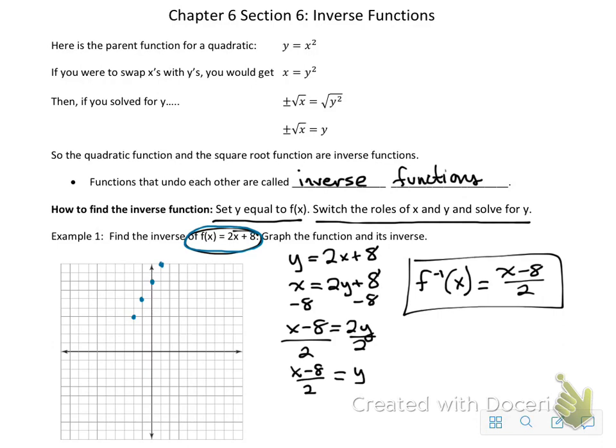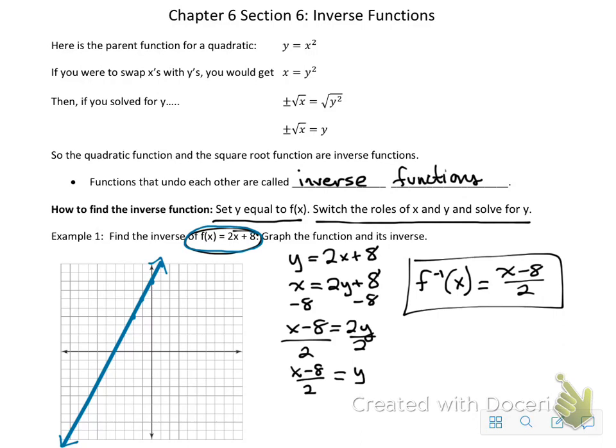So whenever we draw this line, let's go ahead and draw it. It's blue. So we go all the way down. And we have our arrows because it is a line. Then we need to draw the inverse function. So again, you can put x minus 8 all divided by 2 into a calculator. You can just plug in x's, but when you do, you get these points.